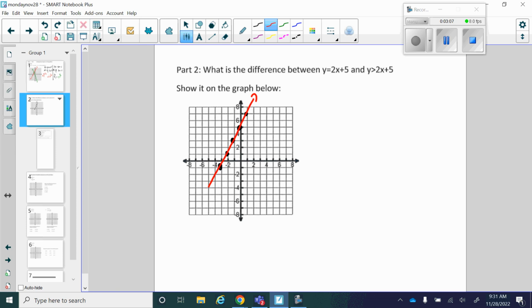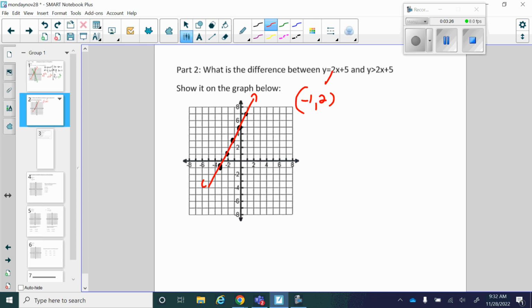All right? So notice for this equation, all the solutions are on the line. Pick any point on the line. I can pick negative 1, 3. Let's prove that it is on the line.